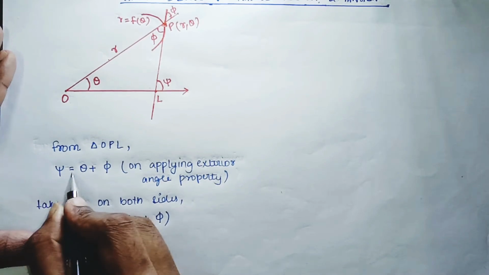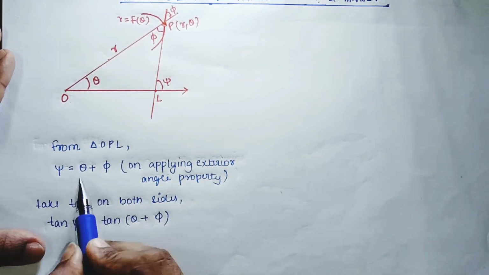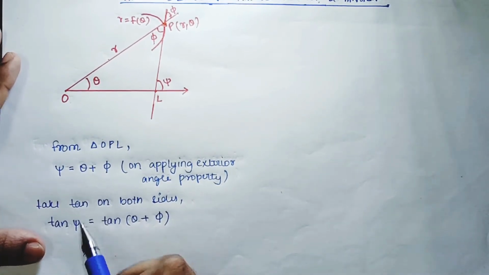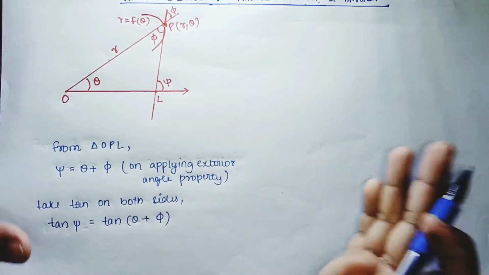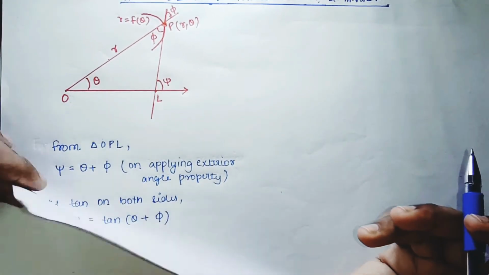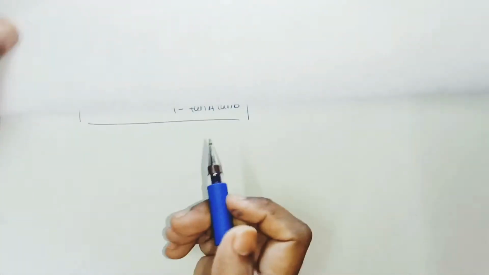As we know, psi is equal to theta plus phi, so we'll take theta as A, phi as B, and psi as A plus B. Hence, apply the same formula.